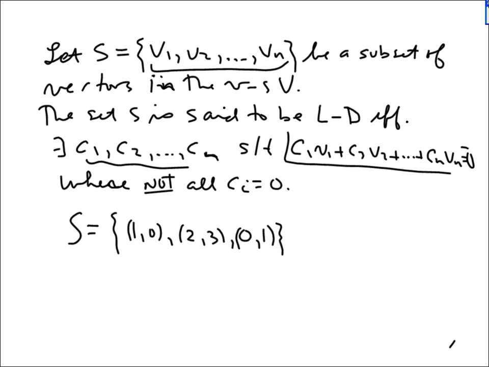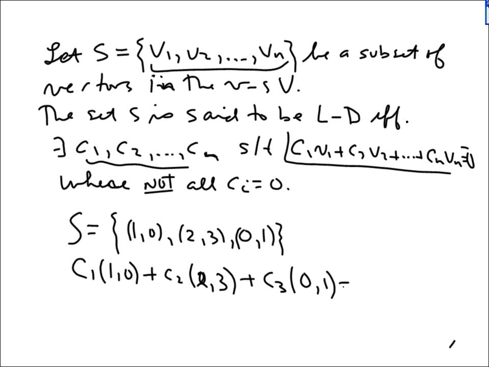These vectors are not independent. This is a set of dependent vectors because I can find non-zero scalars. Say 0, write 0. I want this to be the 0 vector.